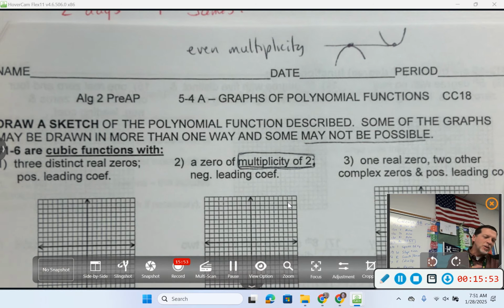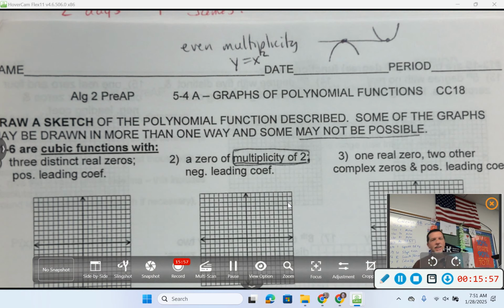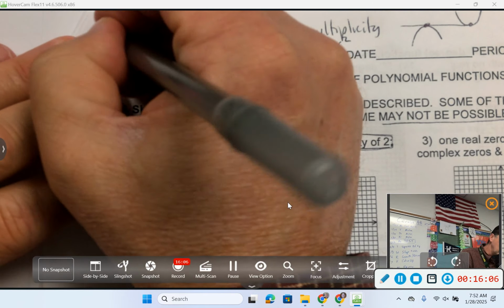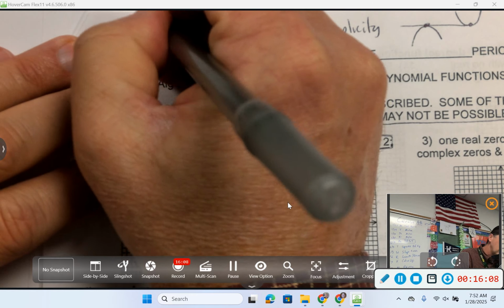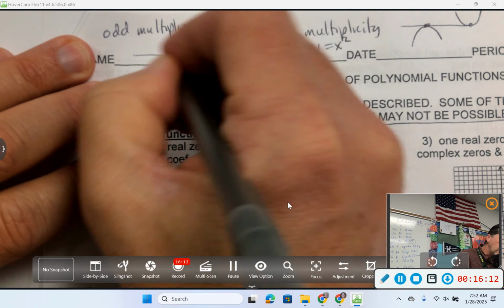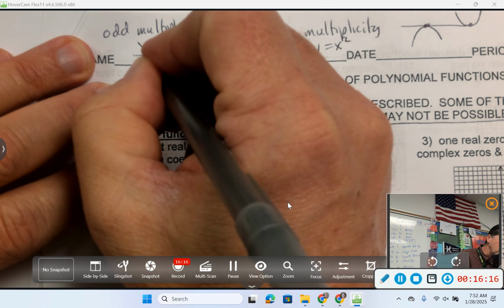So even multiplicity bounces. That's not hard to remember because you know what x squared looks like. Especially just x squared. It bounces at 0. What does an odd multiplicity do? It crosses. It goes through. Now, if it's an odd multiplicity of 1, it just crosses sort of like normal, like a line.